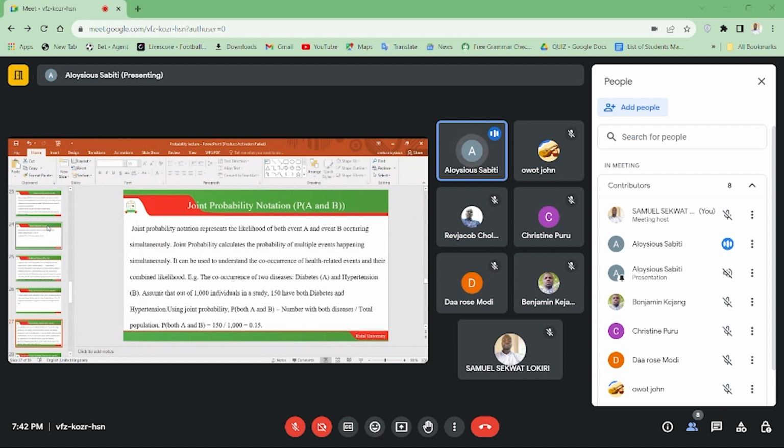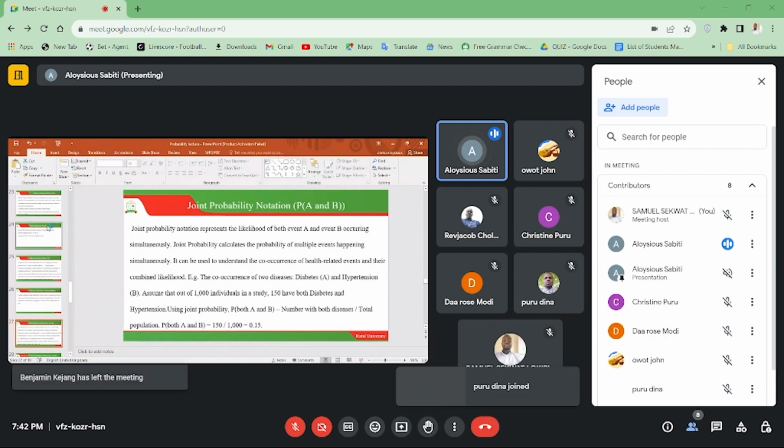So using joint probability, the probability of both A and B occurring would be the number with both diseases, 150, that is both diabetes and hypertension, and as your denominator, you put the population that is susceptible to this particular kind of disease.